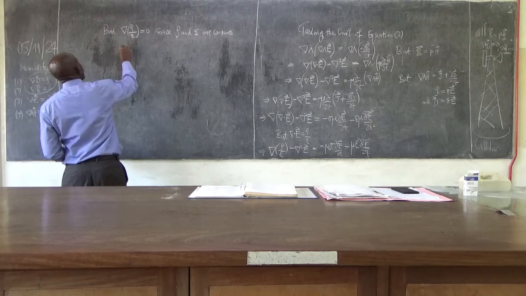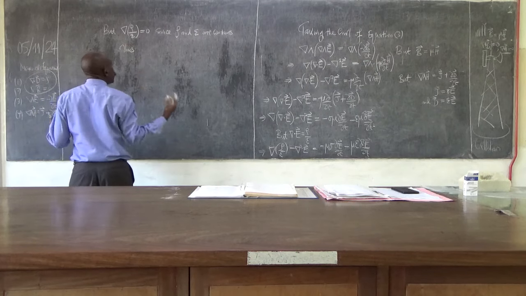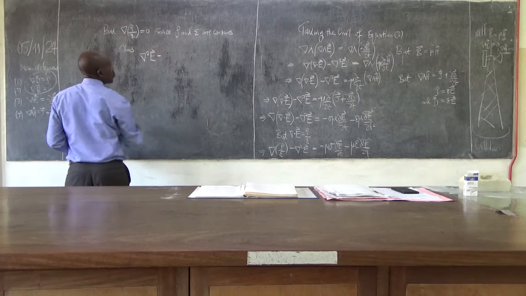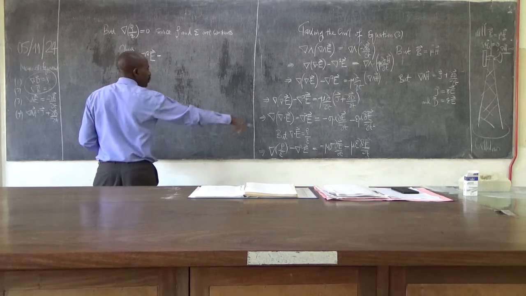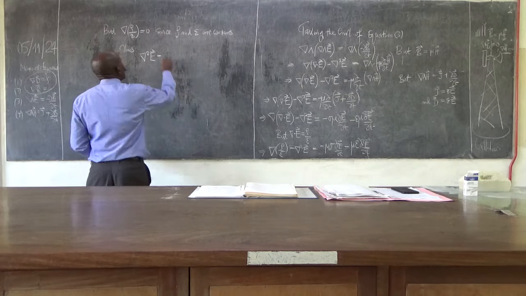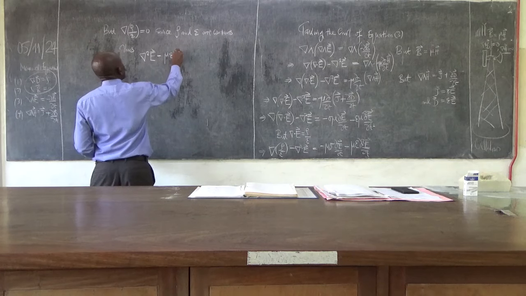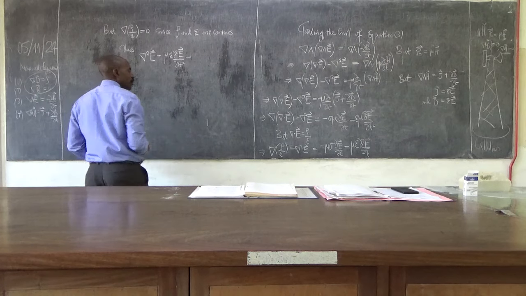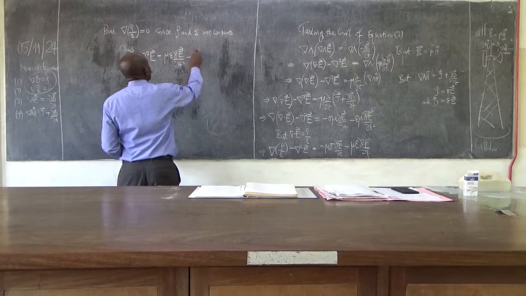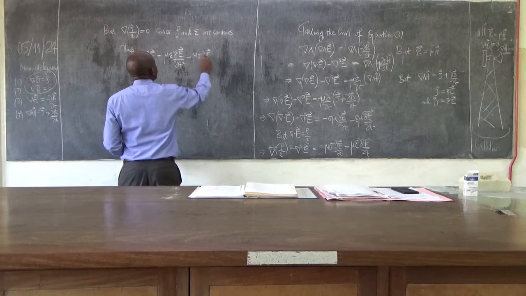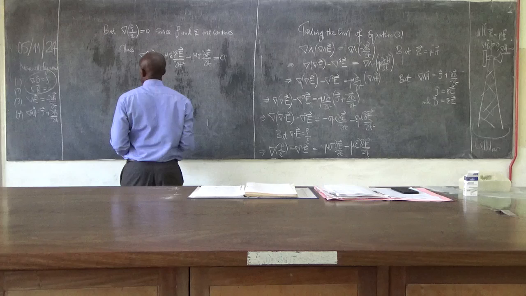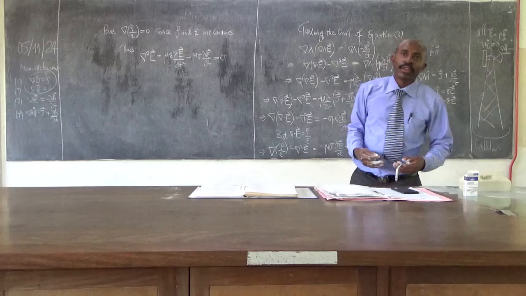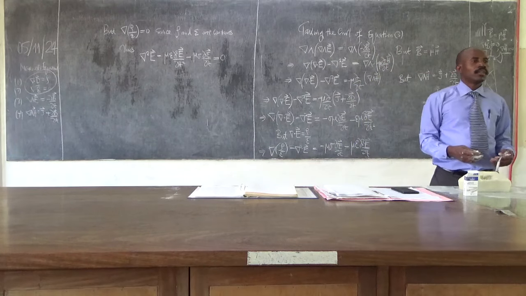Thus we have the equation: grad squared E minus mu epsilon ∂²E/∂t² minus mu sigma ∂E/∂t equals 0. So this is the wave equation for the electric field.